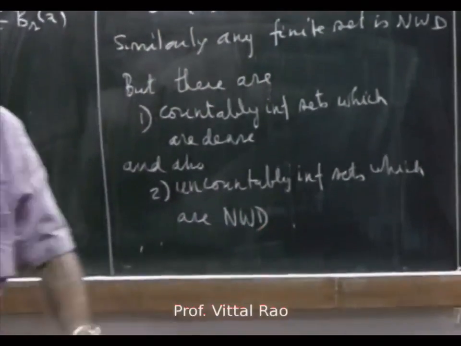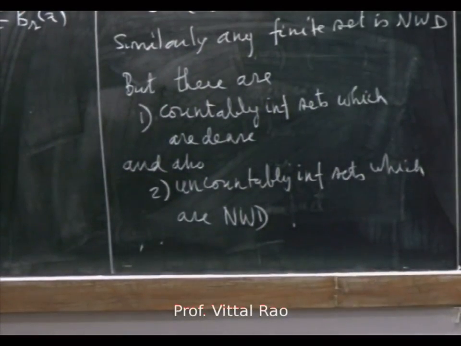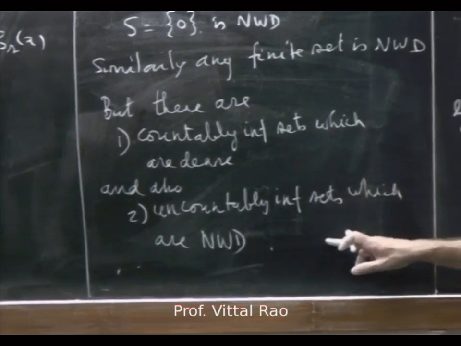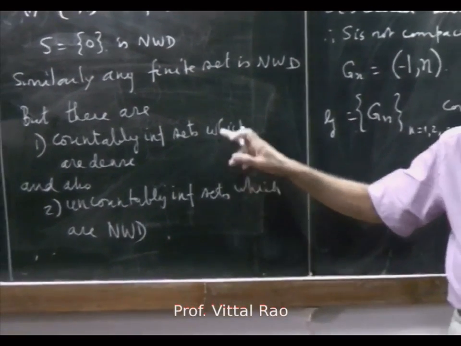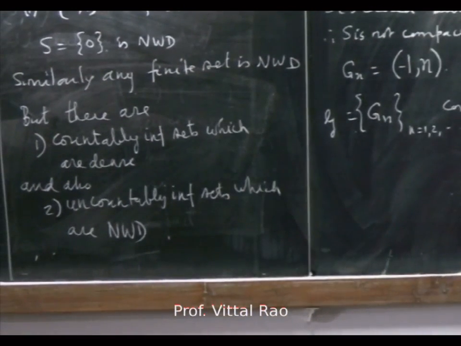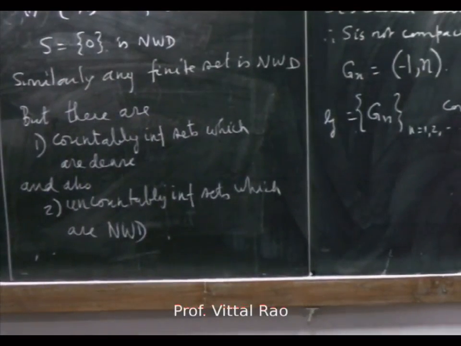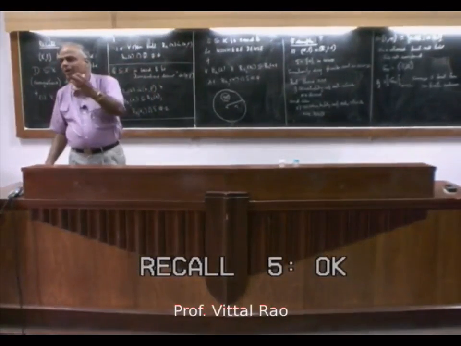So nowhere dense has nothing to do with the set theoretic size of the set. Set theoretically this is small and this is big, but this is nowhere dense, whereas that fellow is dense. Small and big are contextual concepts. Here in topology, nowhere dense is small, but that does not mean countably infinite versus uncountably infinite.